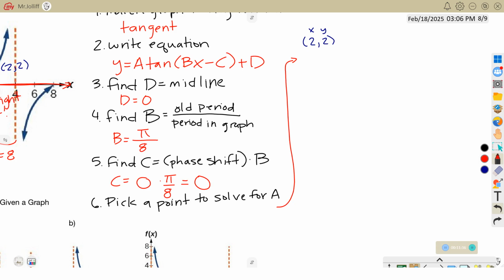So instead of y, I know y is 2 is A times tangent. I know B is pi over 8. I know X is 2. C is 0. D is 0. So all I did is I took the 3 values we just found and the point from the curve and substituted them in here.